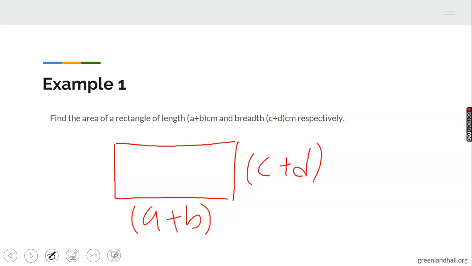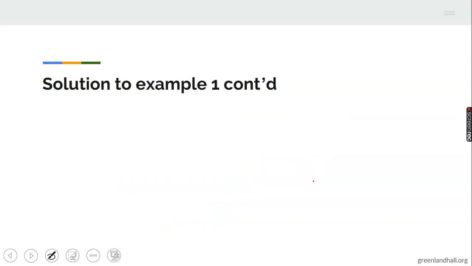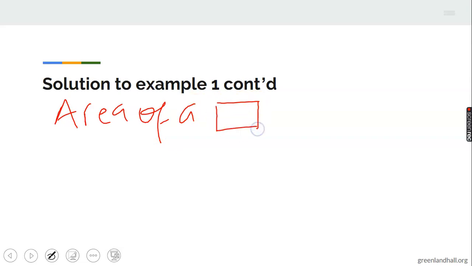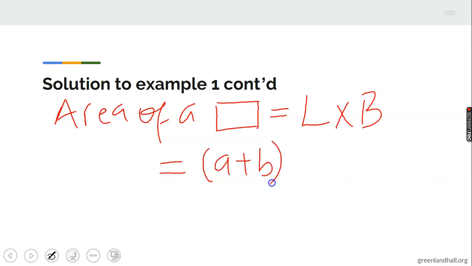The area of a rectangle is nothing but length times breadth. Yes or no? Yes. Now, what is your length? A plus B. Then multiply by C plus D.